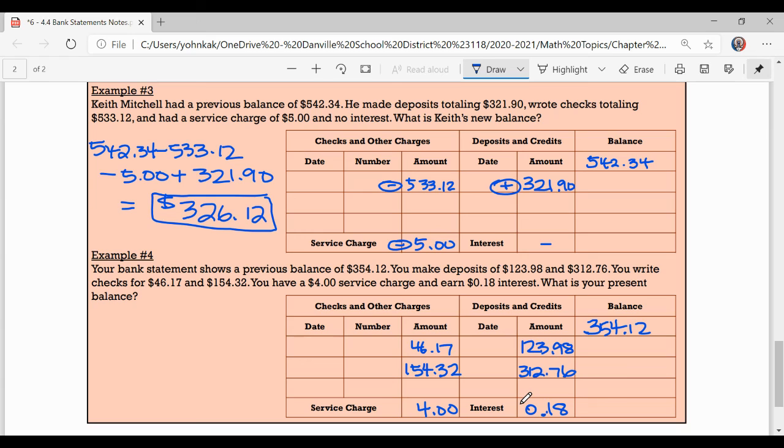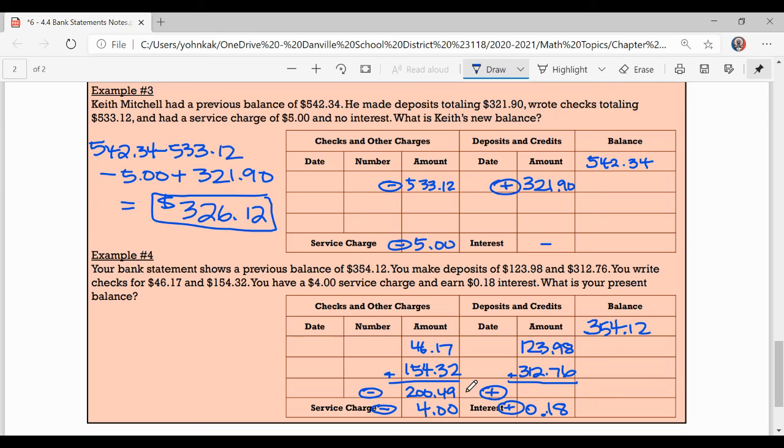Okay, so the whole point of using this table is just to organize your information. So if we want to, we can add up the checks and we can add up the deposits. And then remember, you're going to subtract checks and subtract your service charge, add your deposits, and add your interest. So if I add these two checks together, that gives me $200.49.